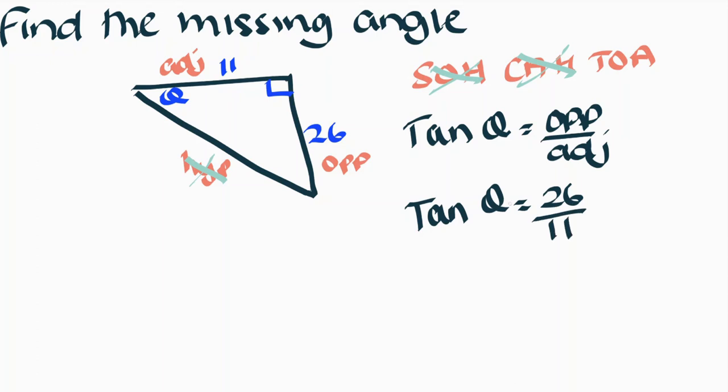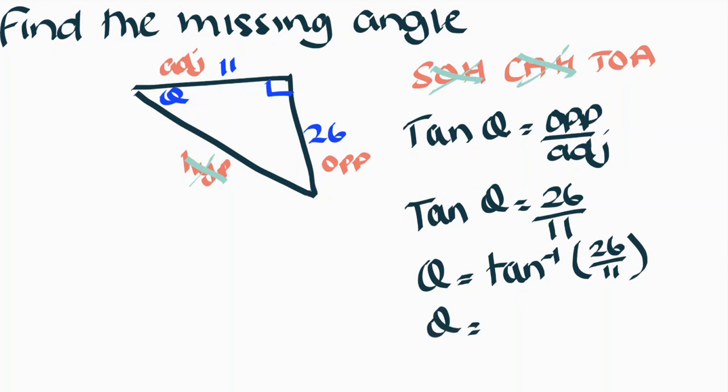To find our angle, theta is equal to inverse tangent, so that's tan to the -1 in the calculator, of 26 over 11. If we put this into our calculator and round it to the nearest degree, we will have 67 degrees.